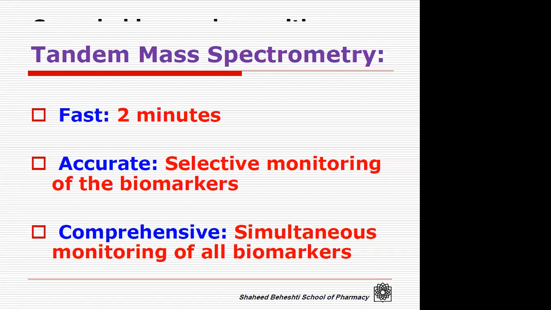So mass spectrometry satisfies all the 3 criteria that I mentioned. It is fast, it is accurate, and it is comprehensive. Next slide, please.